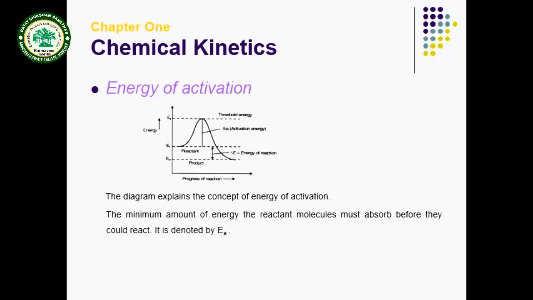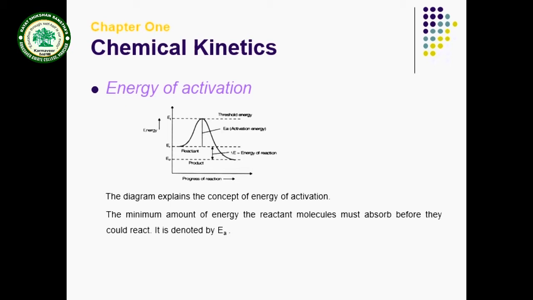Energy of reactants is higher and energy of products is less. So some part of the energy is given out from the system, and that's why delta E becomes negative here. And some amount of energy the reactants should absorb to go to the highest value, the peak value, and thereafter they roll towards the product side.